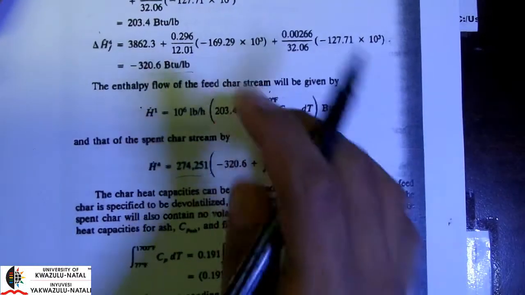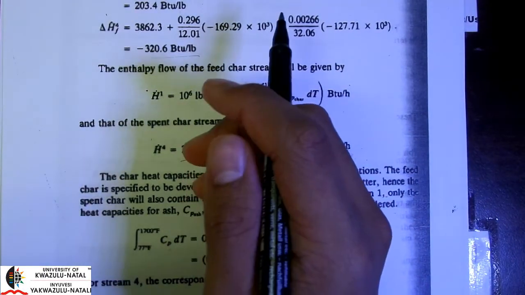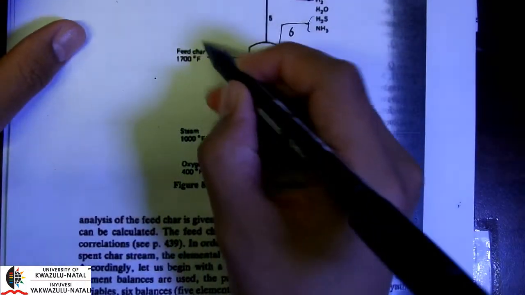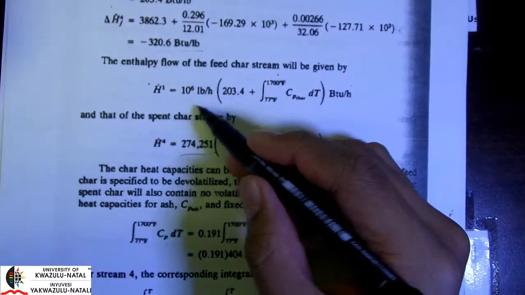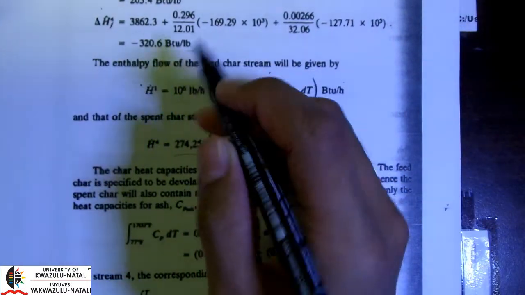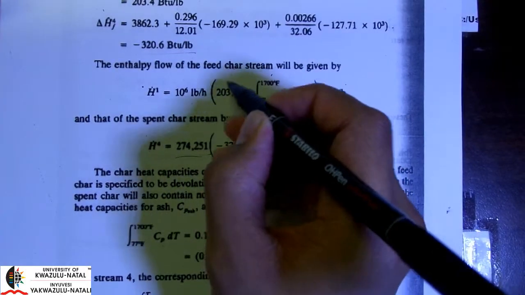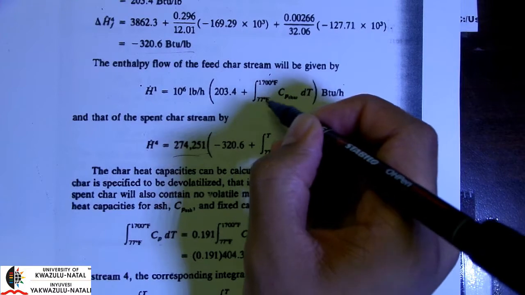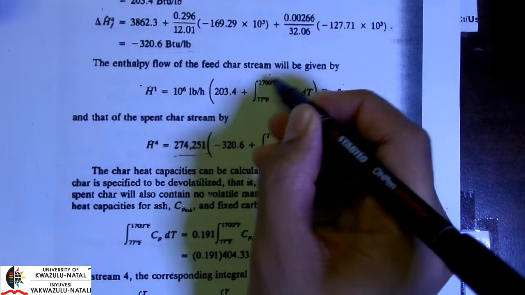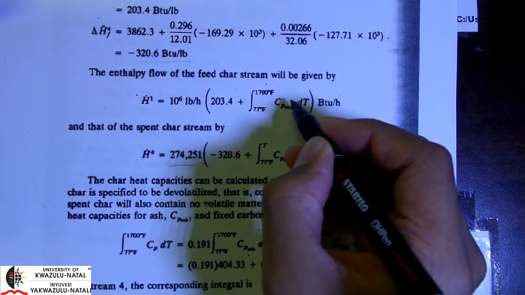Okay, so here's our enthalpy for stream 1. Stream 1 is the feed char, and that's simply equal to the total flow rate of stream 1 multiplied by the heat of formation, plus the integral from 77 to 1700 of the heat capacity of the char.